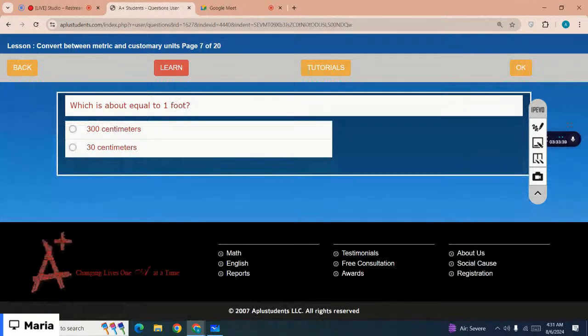Okay, which is equal to 1 foot, 300 centimeters or 30 centimeters? So, which is the correct option?